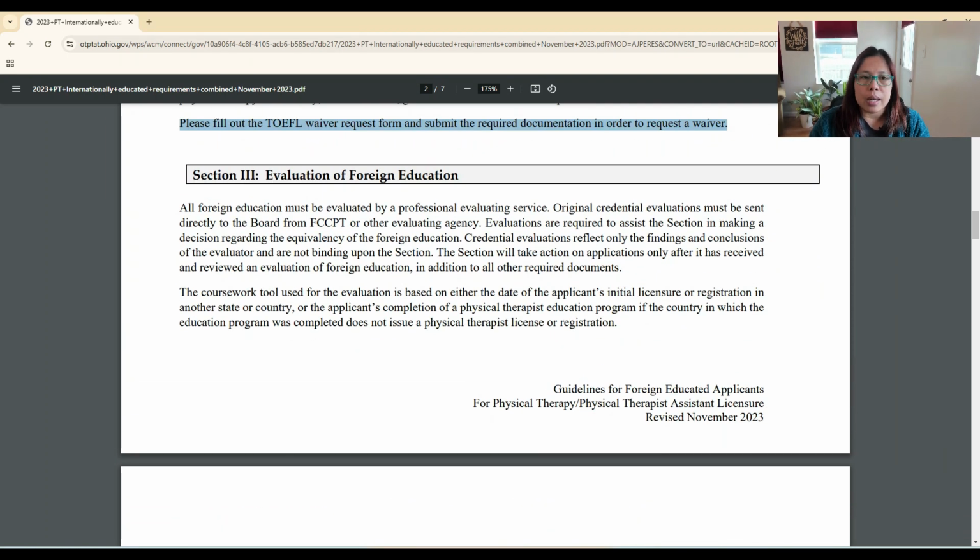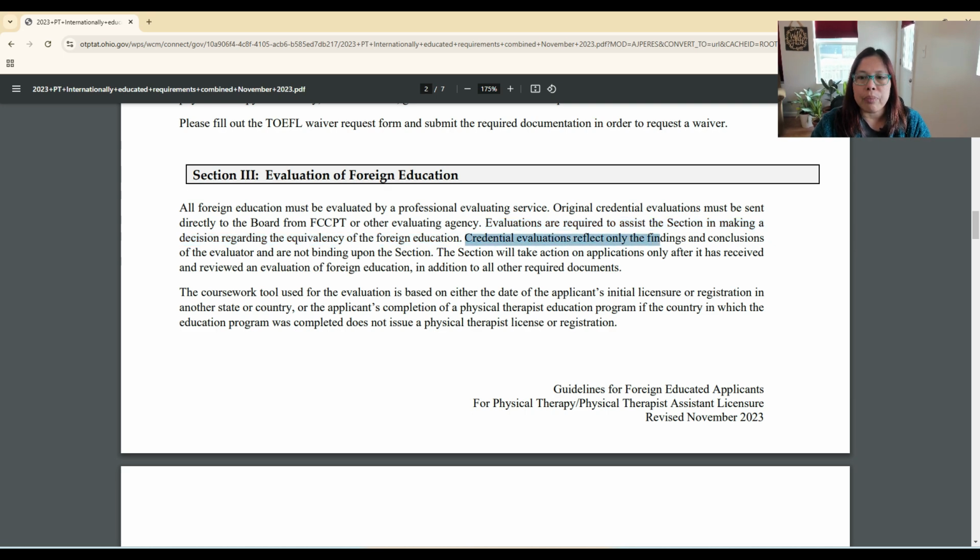So for the evaluation, these are the credentialing agencies. All foreign education must be evaluated by a professional evaluating service. Original credential evaluations must be sent directly to the board from FCCPT or other evaluating agencies. Evaluations are required to assist the section in making a decision regarding the equivalency of foreign education.